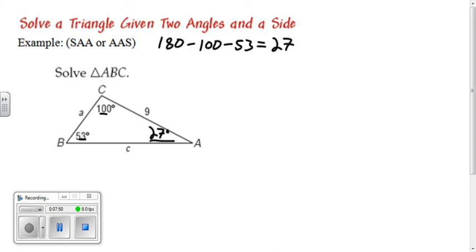So we've got 9, a missing value C, and a missing value A, and we have all of the angles already paired up.